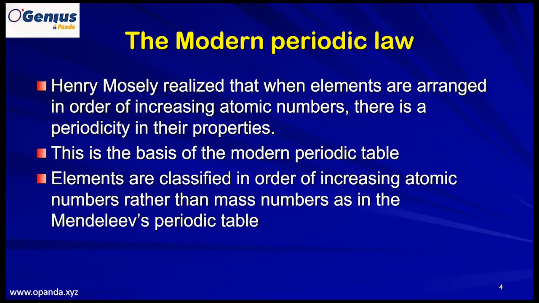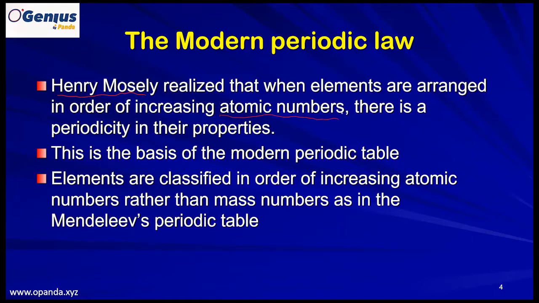He realized that if elements are classified according to increasing mass numbers, there was a certain periodicity in their properties. But there were some minor fluctuations which were corrected by Henry Moseley, who suggested that elements should be classified according to the increasing order of atomic numbers.